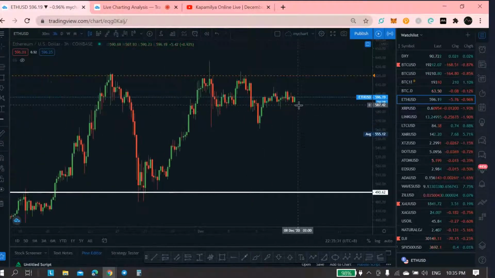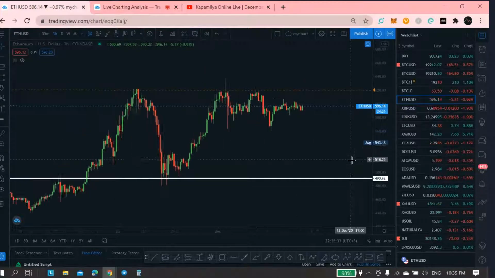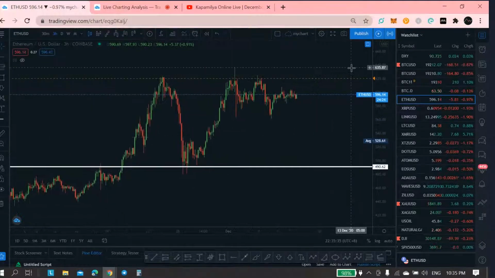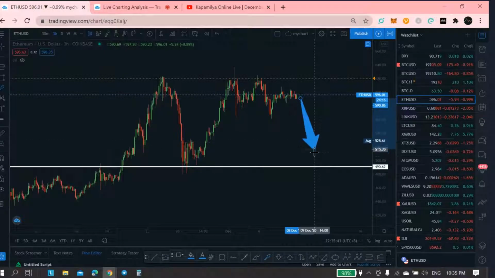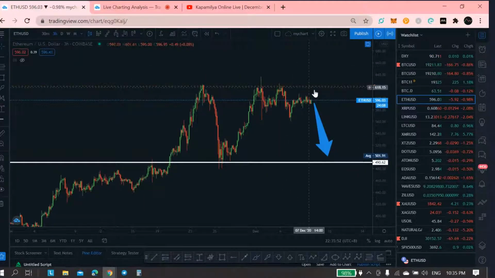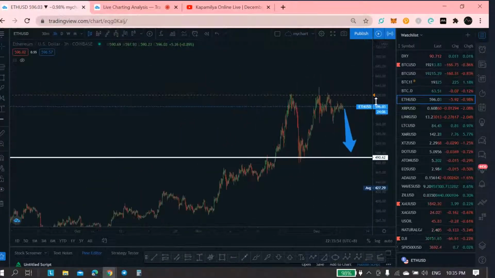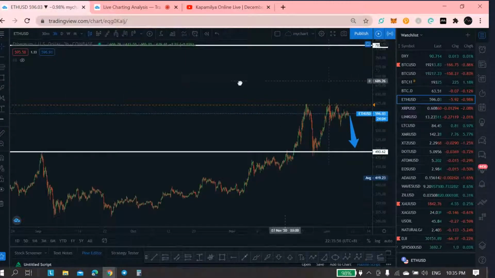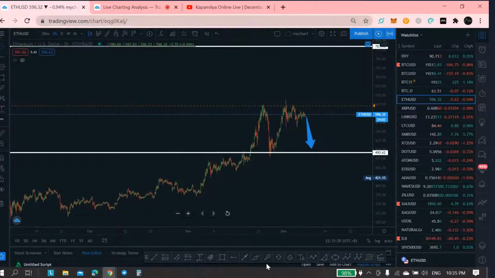So let's see if it holds at that area, because if it fails to hold there, possibly there. And of course, the target I'm looking at is, as it breaks out to that 620, the possible close to the $800 area. So let's see how it goes.